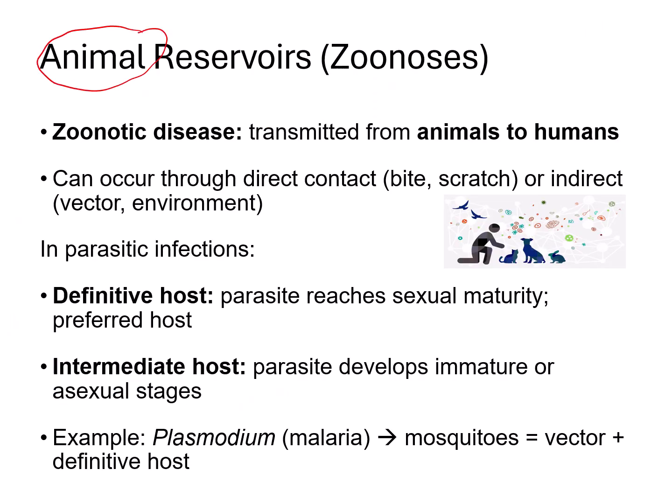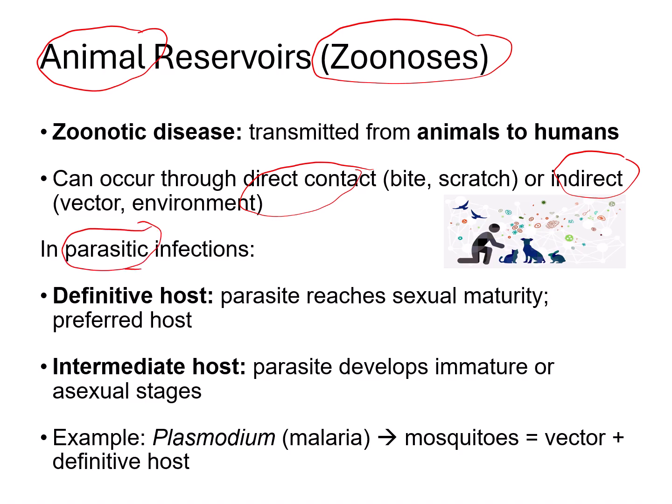Animals can also serve as reservoirs, and diseases that spread from animals to humans are called zoonoses. For zoonoses, transmission can be direct through a bite or a scratch, or indirect through vectors or the environment. So remember, for parasites, we have a definitive host.